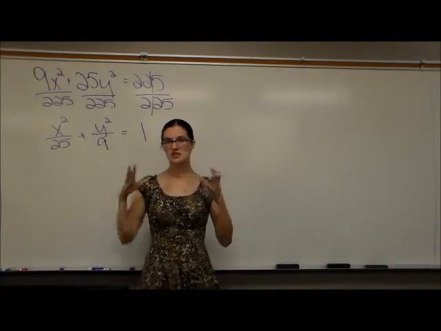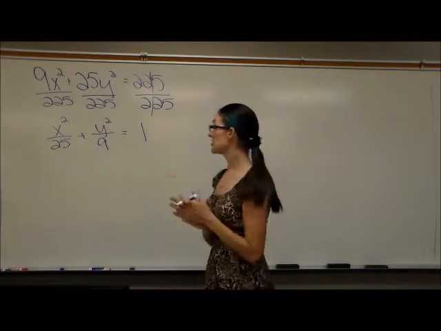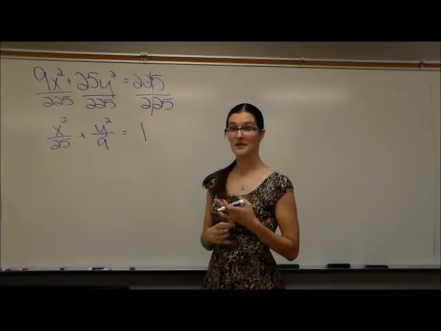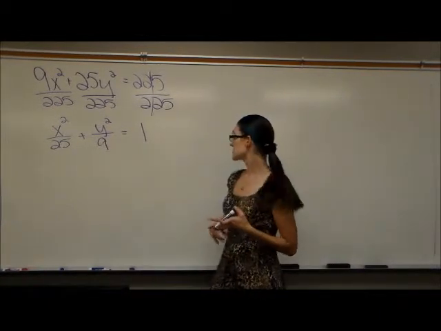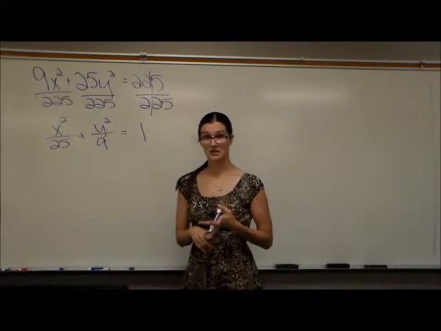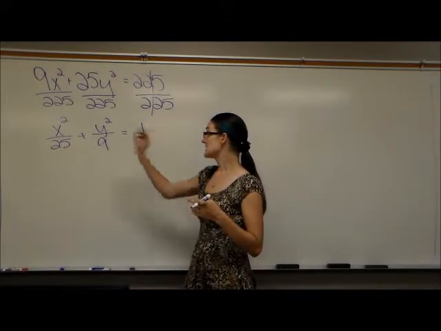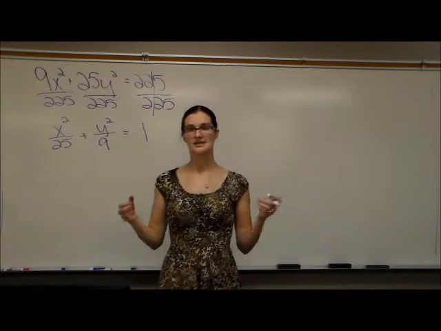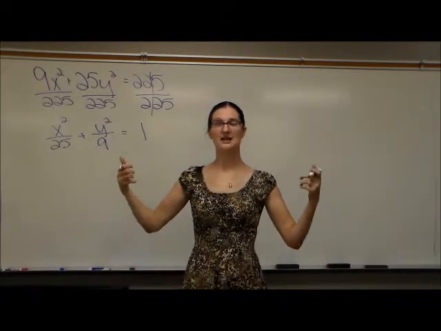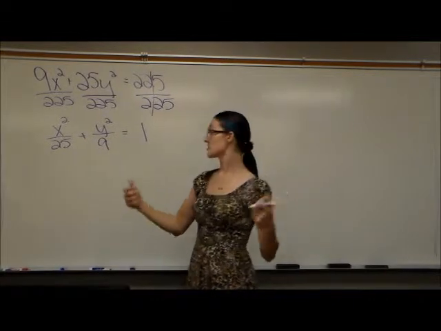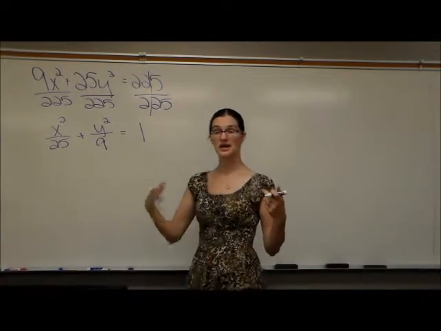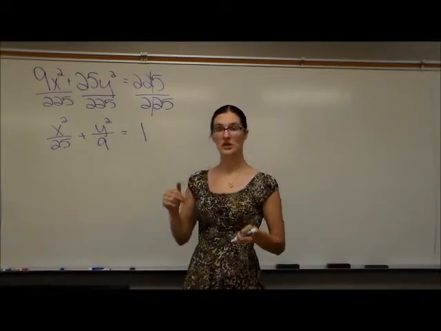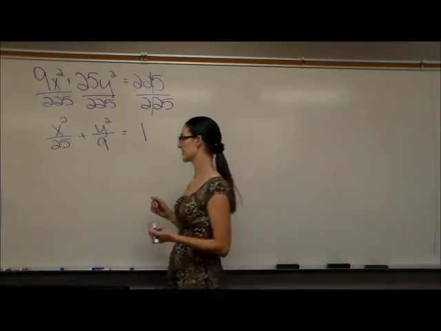So here, just from the equation, we're going to look at our denominators. The x squared's denominator is 25. The y squared's denominator is 9. Meaning that since the larger one is underneath the x squared, the major axis is being stretched horizontally. It's the x-axis. So our vertexes, our foci, should both be on the x-axis. B should be on the y-axis since it is smaller.